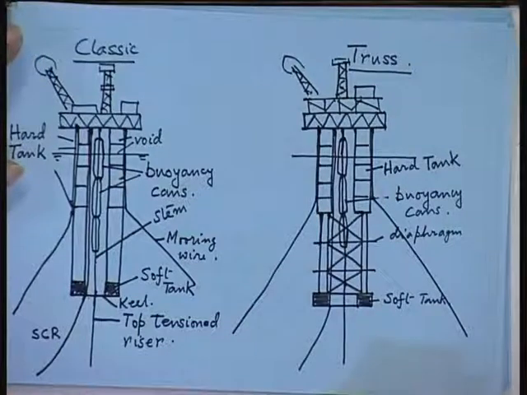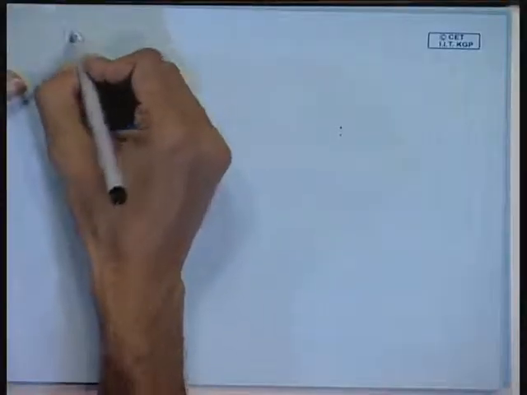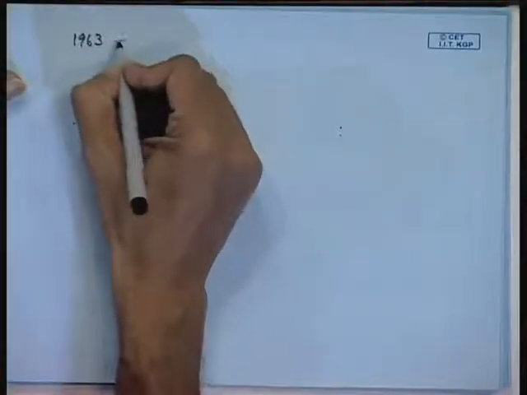So, these are the two types of truss spars which are prevalent at present, but again there will be a lot of variations actually. Actually, the first spar came in the 1960s, 63, and that was invented by the Japanese, and in 1963 it was the first spar.